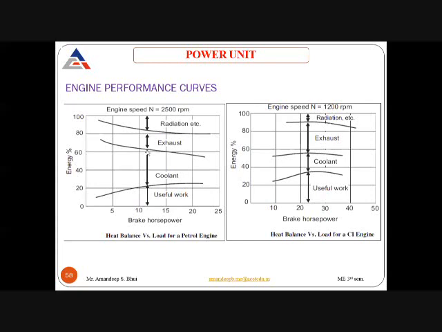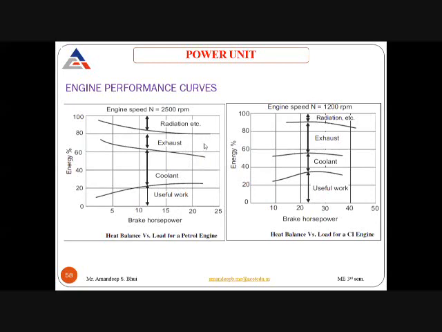After that, above this line, the portion is how much heat is being carried away by the exhaust gases, the gases going out from the exhaust pipe. You can see it remains around constant, and after around 16 or 17 horsepower, the exhaust heat starts to increase.